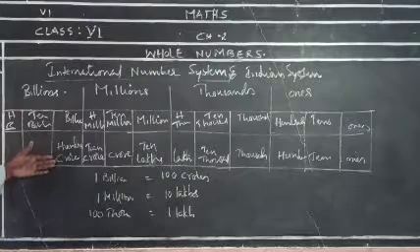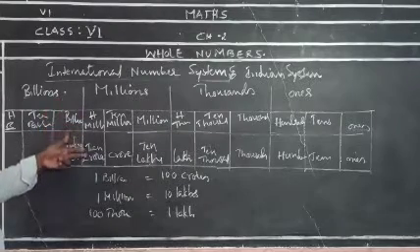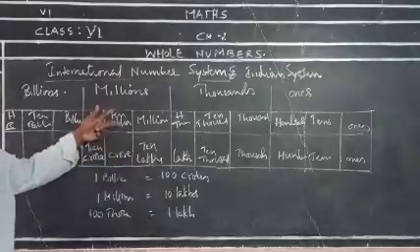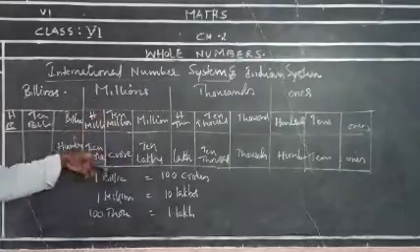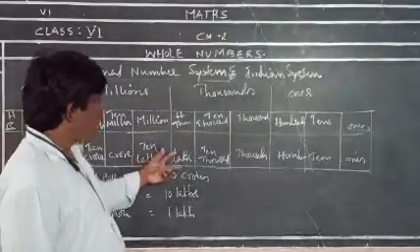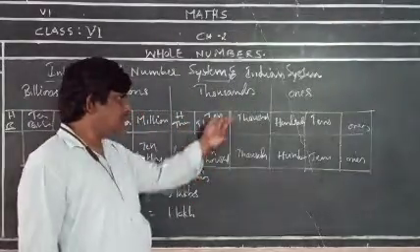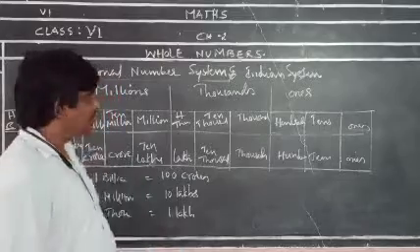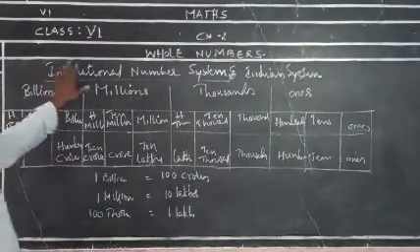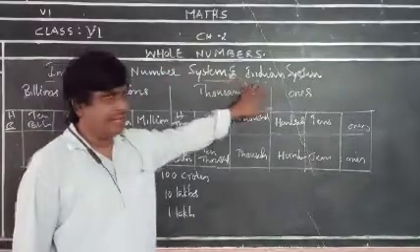So 1 billion means 100 crores. 100 million means 10 crores. 10 million and 1 crore are both the same. 1 million means 10 lakhs. 100,000 means 1 lakh. 10,000 means 10,000; here both are the same. By this way you can compare both systems, the international system as well as the Indian system.